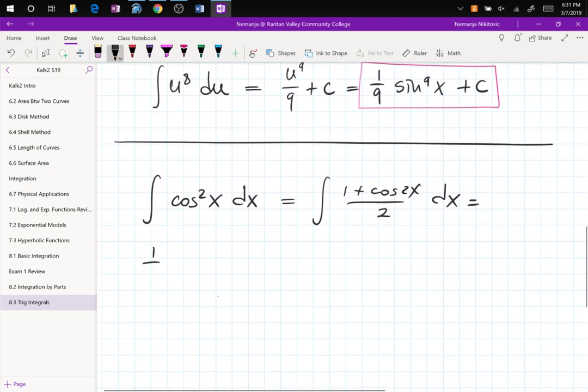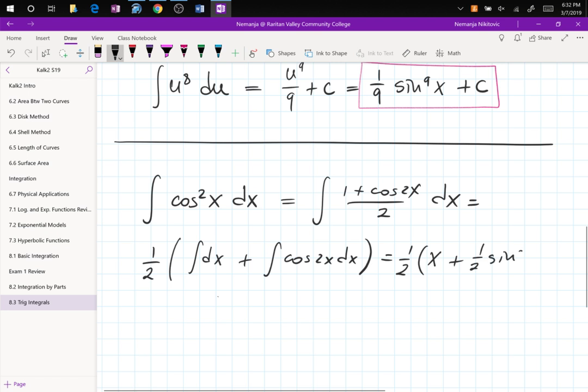You kick 1/2 outside, and now you have the integral of dx plus the integral of cosine 2x dx. You give a half to each by using these parentheses. So this is 1/2. The first integral is just x. The integral of cosine is sine. So we have plus 1/2 sine 2x, and then everything plus c. And you're done.